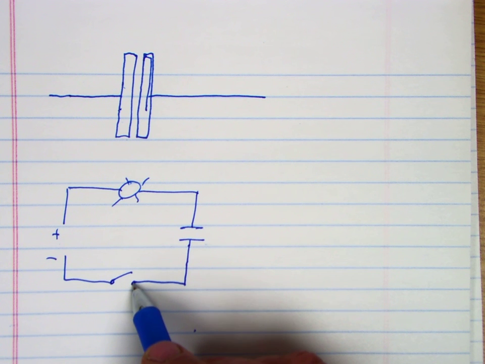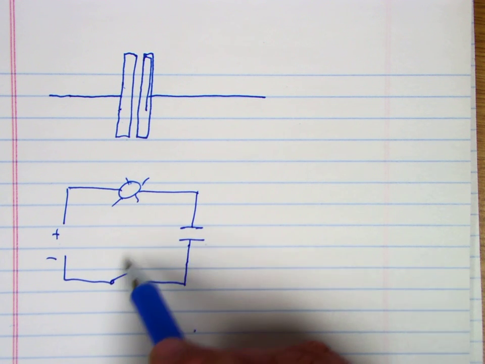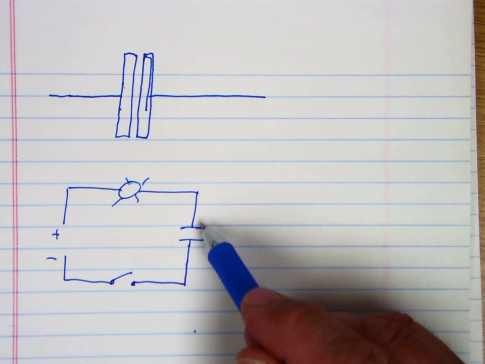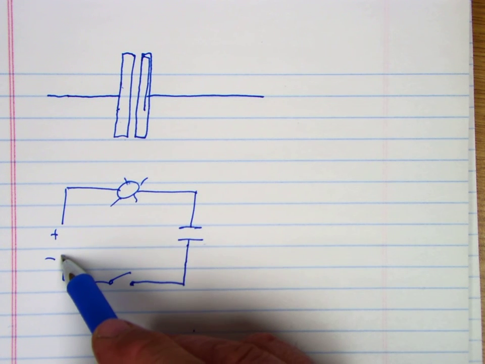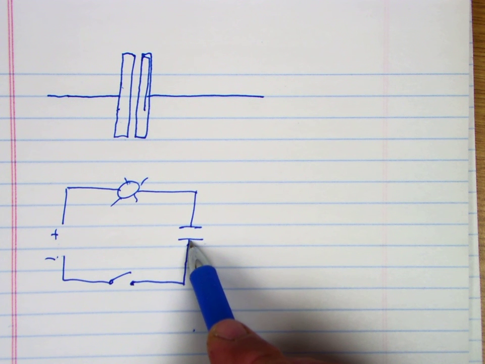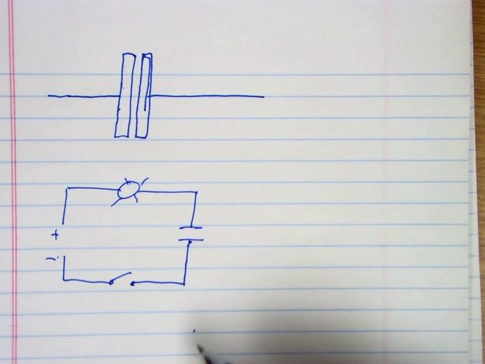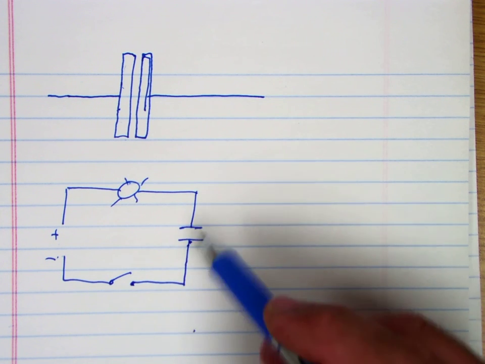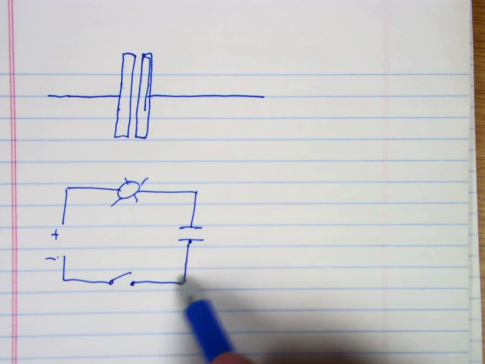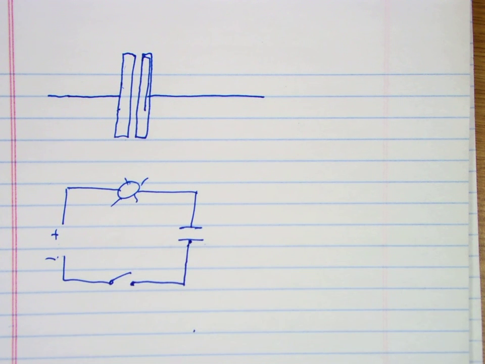When we first close that switch and the current starts to flow, negative to positive, what happens is those electrons travel from here onto this plate of the capacitor, so they fill up the one plate of the capacitor, and once that plate is full, then no more current is actually going to flow in that circuit.